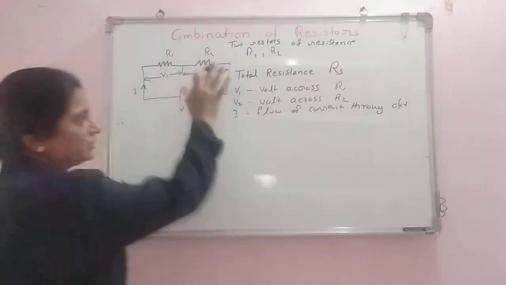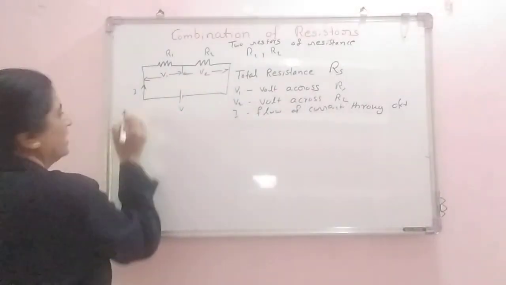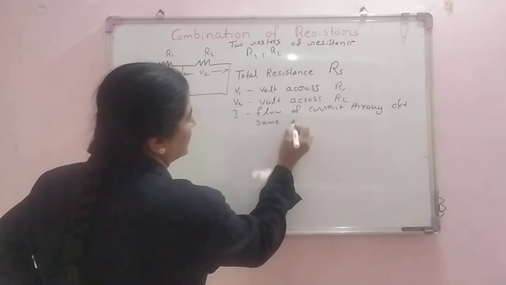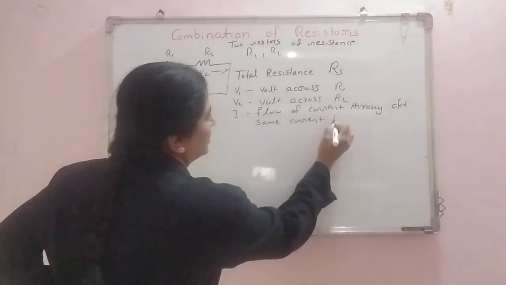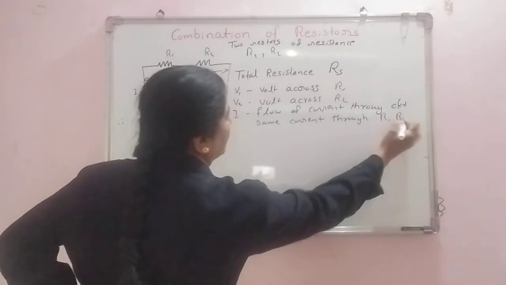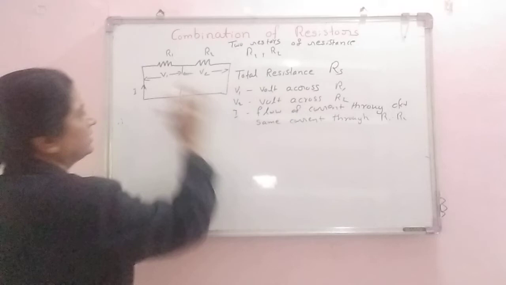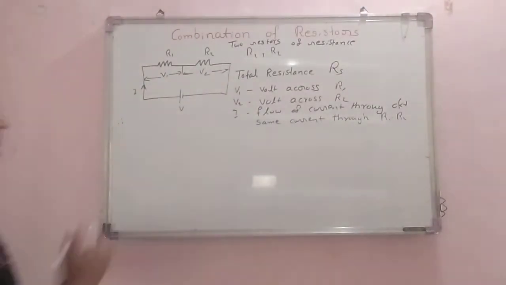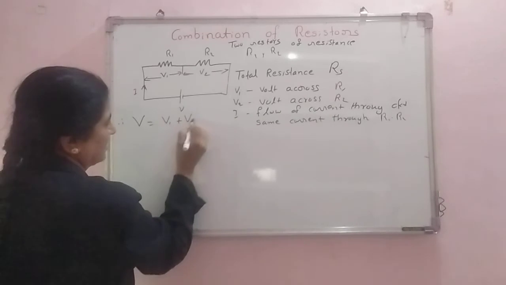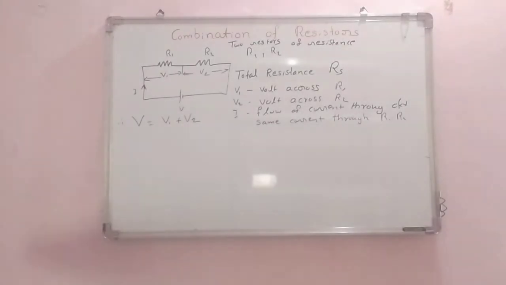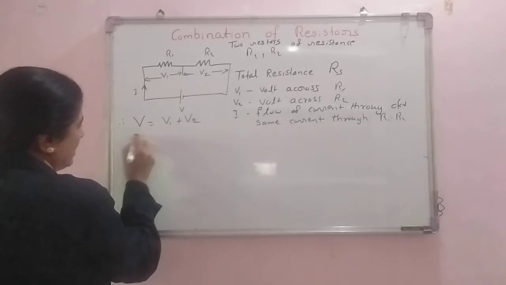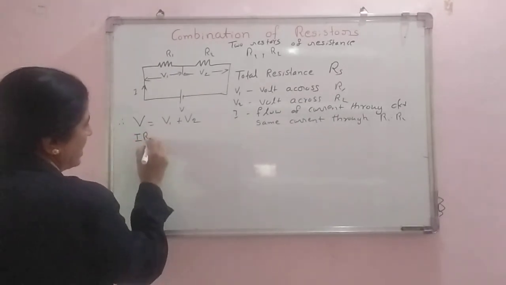The same current flows through R1 and R2, but the voltage is divided into V1 and V2. That's why the net voltage V is equal to V1 plus V2. According to Ohm's law, the total voltage is I into Rs.